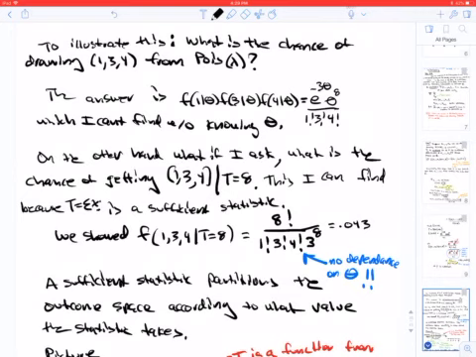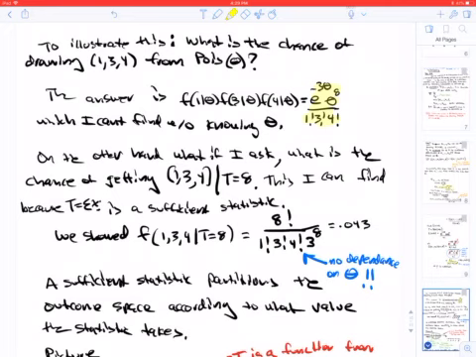So just to make this a little bit more clear, you can ask, what's the chance of drawing 1, 3, 4 from Poisson theta? Right? So the answer is, well, it's IID, so it's the product of these probabilities, so it's this, right?